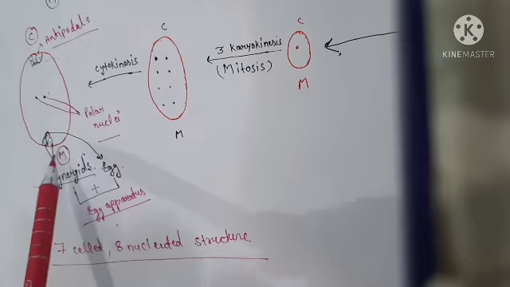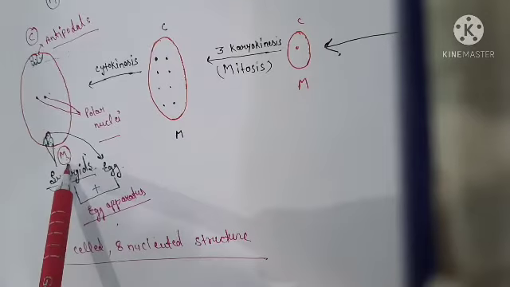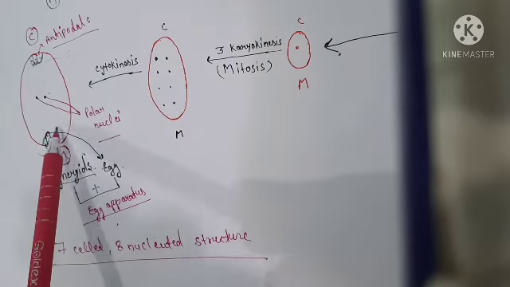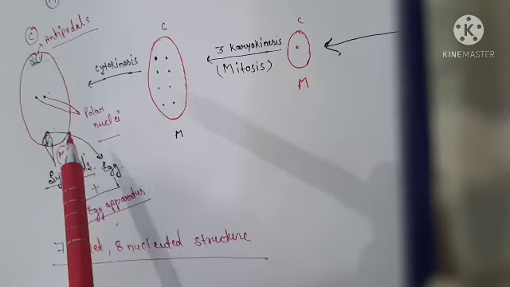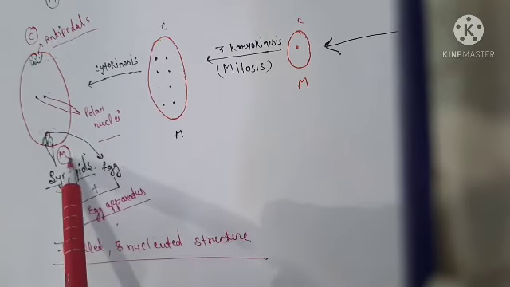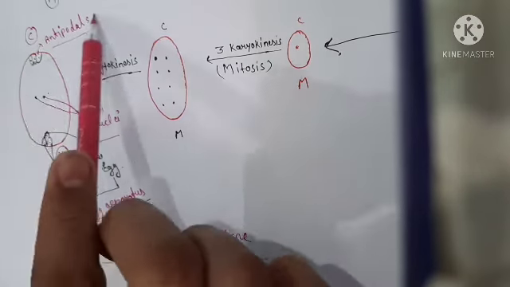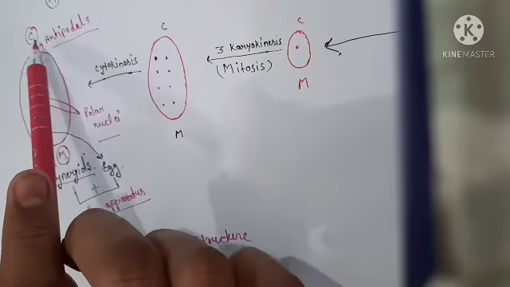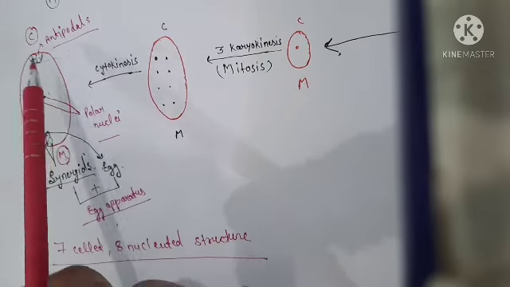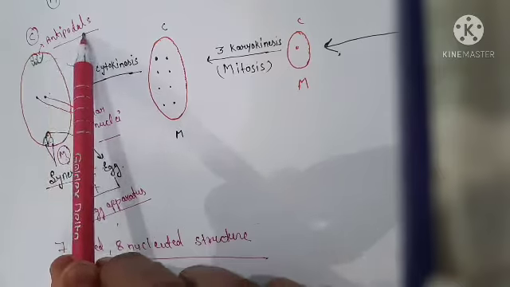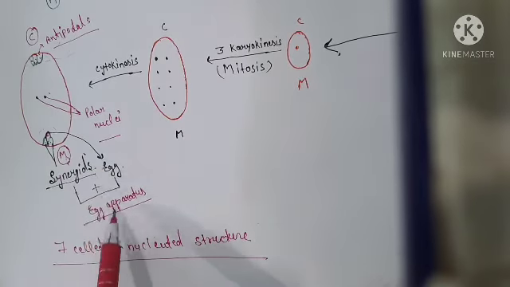If we locate the micropyle at the upper side, the synergids and egg are formed at the upper side. You have to know very clearly that at the micropylar end synergids and egg are formed, and at the chalazal end antipodals are formed. It does not matter whether the chalazal end is at the upper or lower side. The synergids and egg, collectively called the egg apparatus, are at the micropylar end.